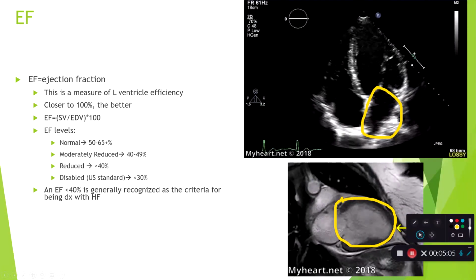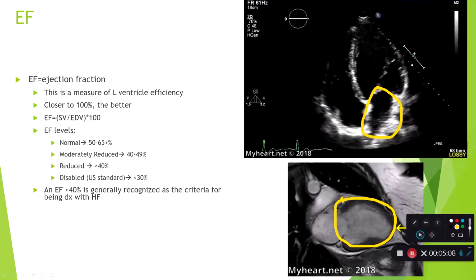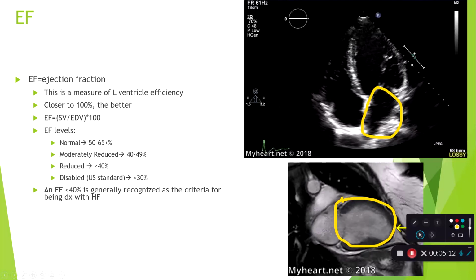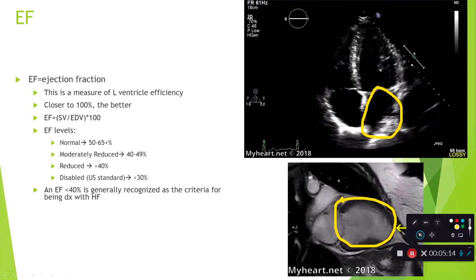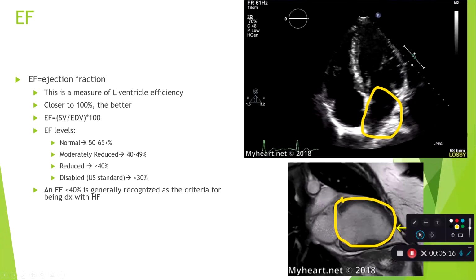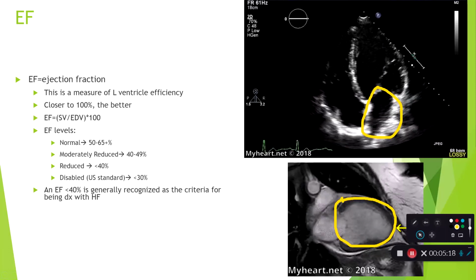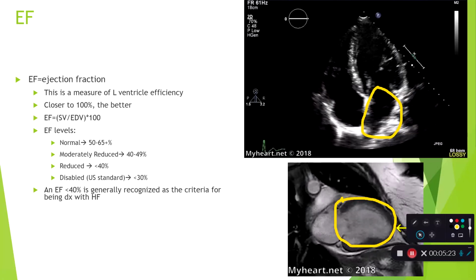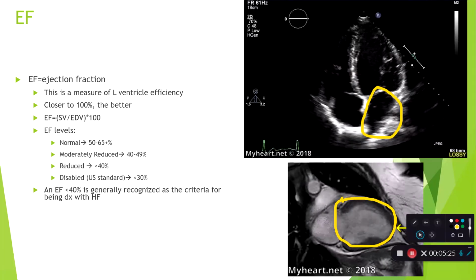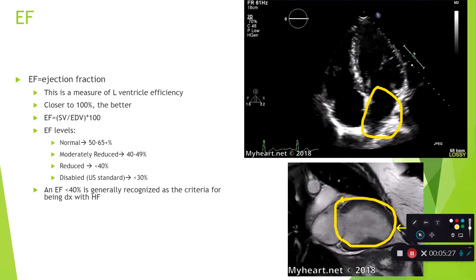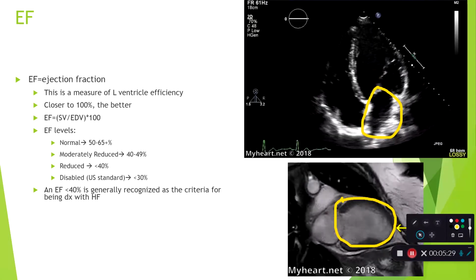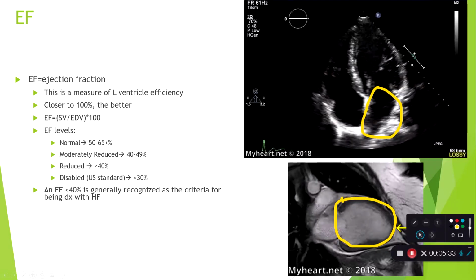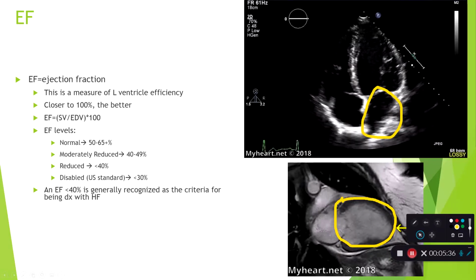The way you calculate an ejection fraction is you take your stroke volume and you divide it by your end diastolic volume, and that gives you a percentage. Ideally, you would like 100% of the blood that fills your left ventricle during your end diastolic volume to be ejected or sent into the body, but that doesn't happen. Our hearts are really only about 50 to 65% effective.